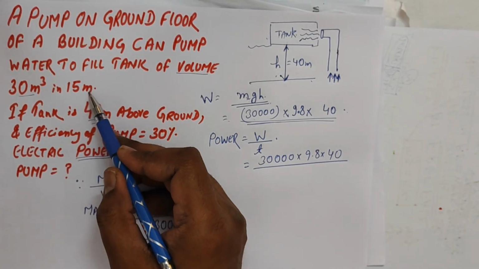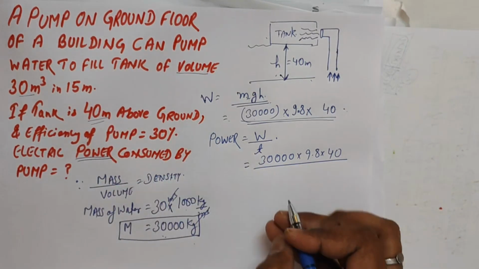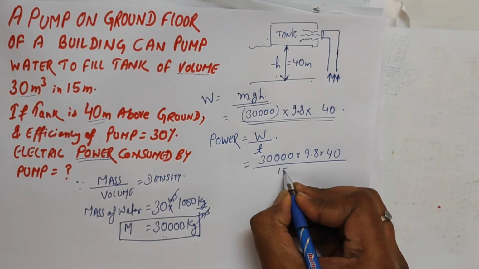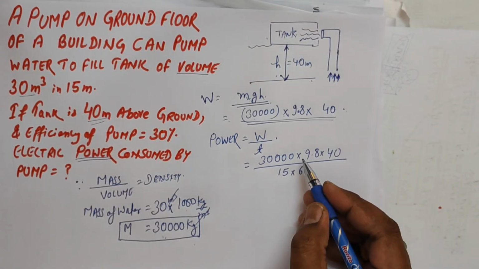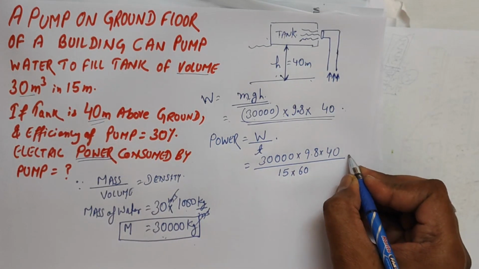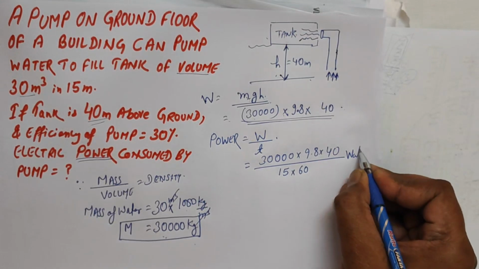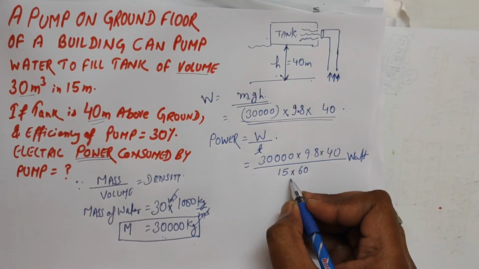What is the time? This is 15 minutes, right? So 15 minutes when converted into seconds will be 15 into 60 seconds. So this is the total power which is consumed. This is in watt. Now just solve it.